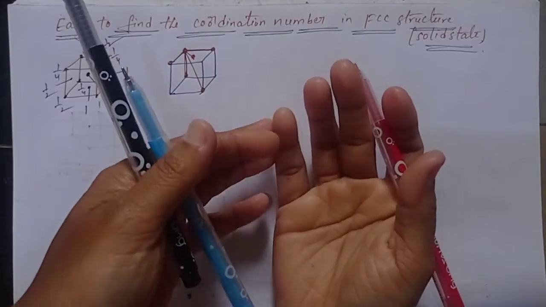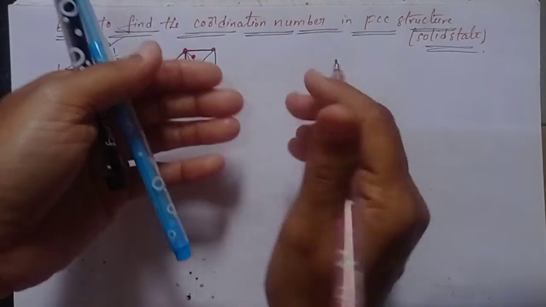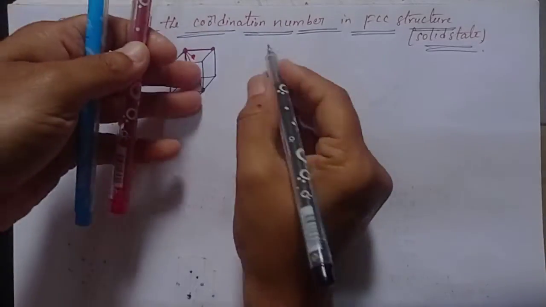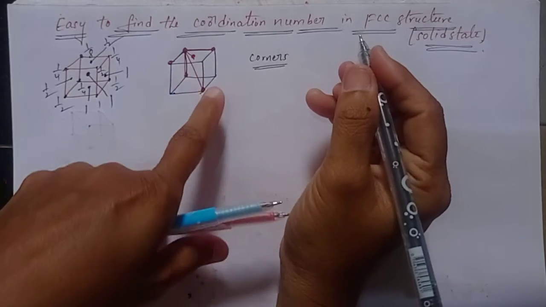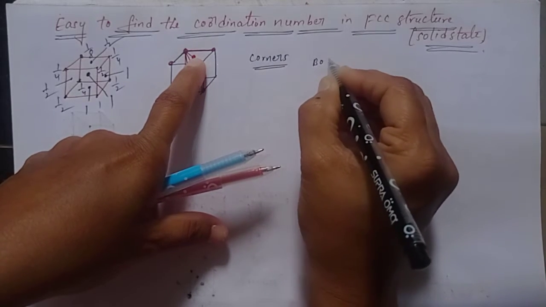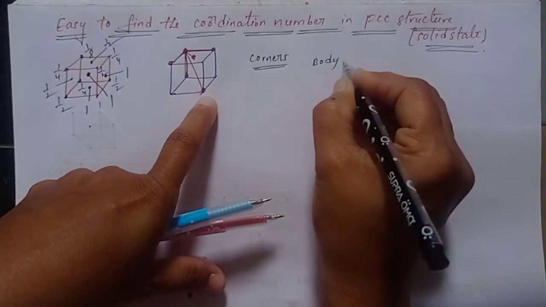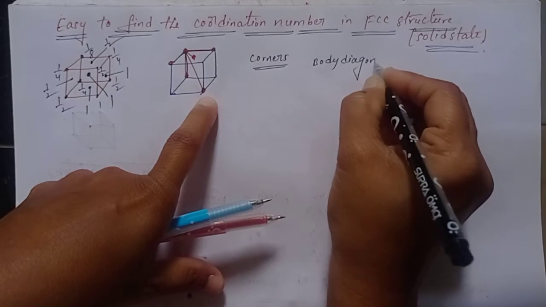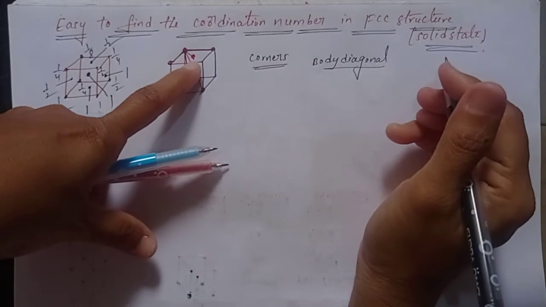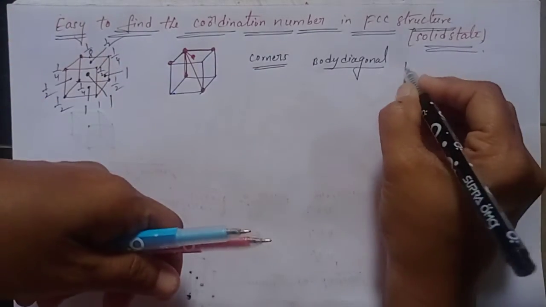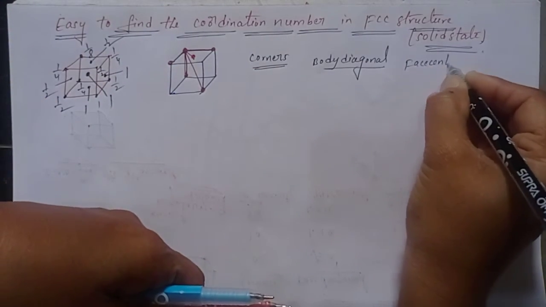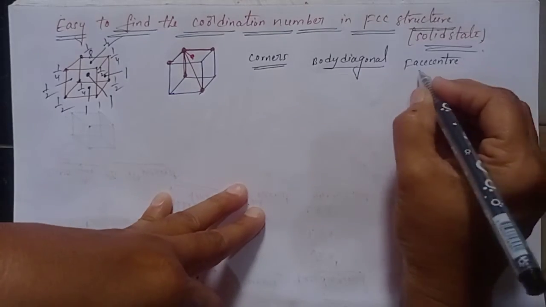So first I am going to calculate the nearest neighboring distance. First I am taking corners. Next, body diagonal particles, and another one is the face center particle. Clear?